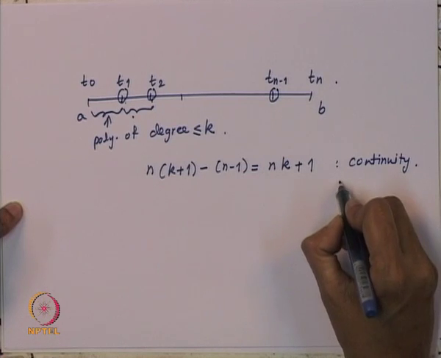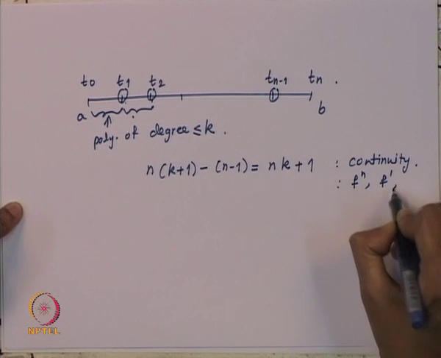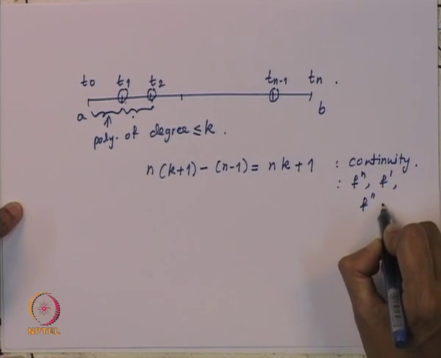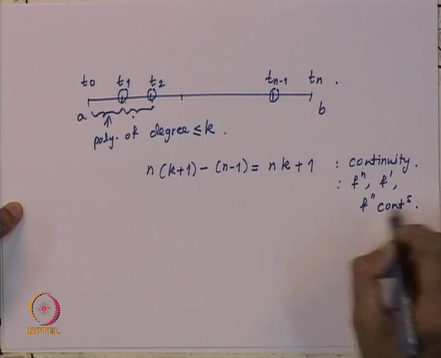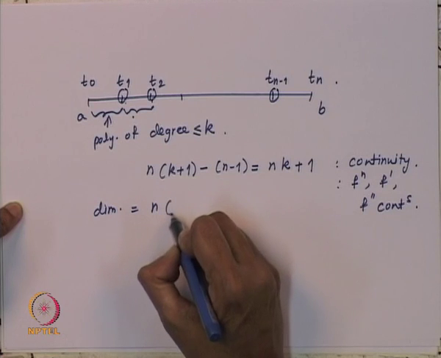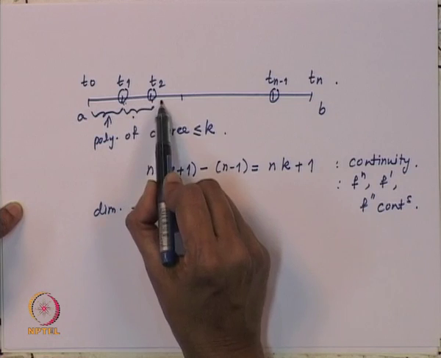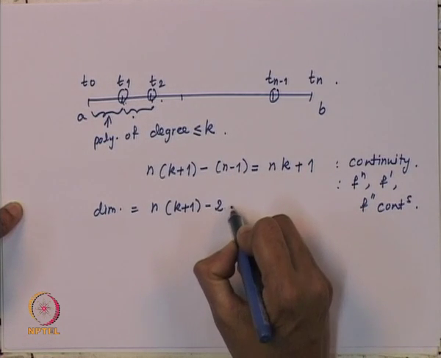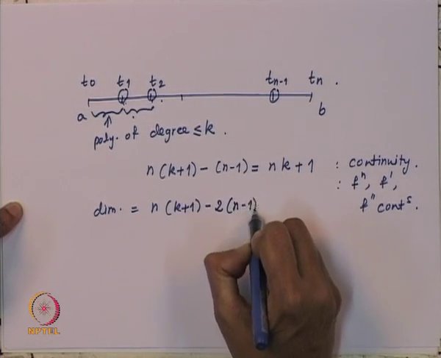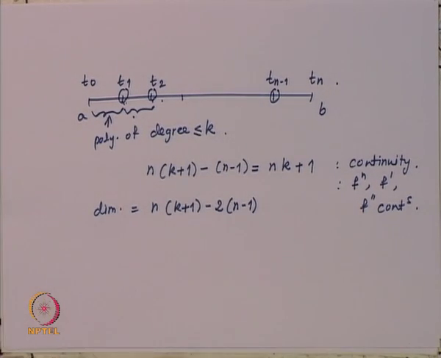If we want the function, its derivative and f double dash to be continuous, then the dimension will be equal to n into (k plus 1) minus, at each point t_1, t_2, up to t_{n-1}, we are putting two constraints. So, that will be minus 2 into (n minus 1). So, that will be the dimension of the space. So, this was the general case.